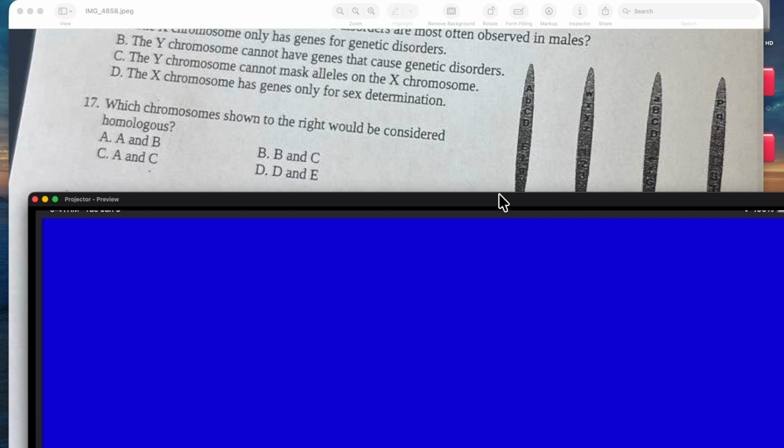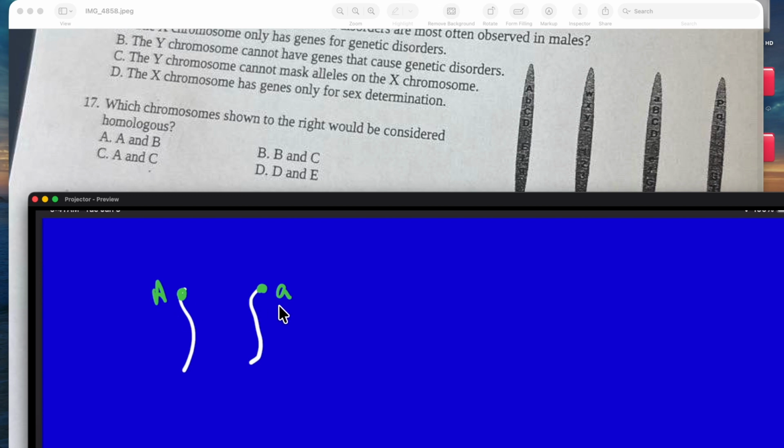Identical chromosomes occur during replication, where you have an original chromosome. Okay, so these are homologous, similar shape. They carry genes for similar traits, but they could be different alleles, alternate forms. That's homologous.